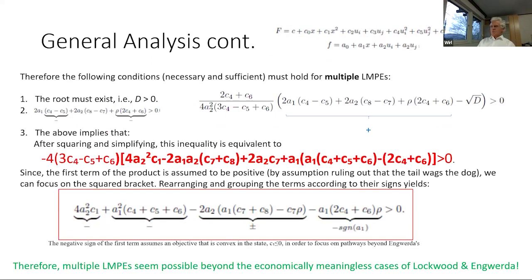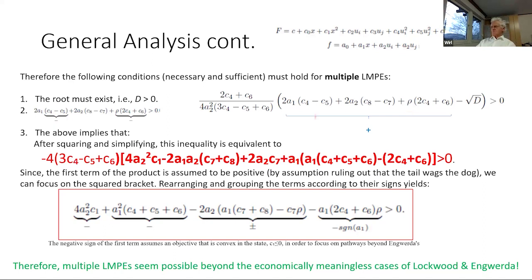Okay. So we continue. So if we have two or multiple linear Markov perfect equilibria, applying this term with the negative, adding the negative of the root, must still be positive. If we add here plus the root, then of course this term will be positive a fortiori.